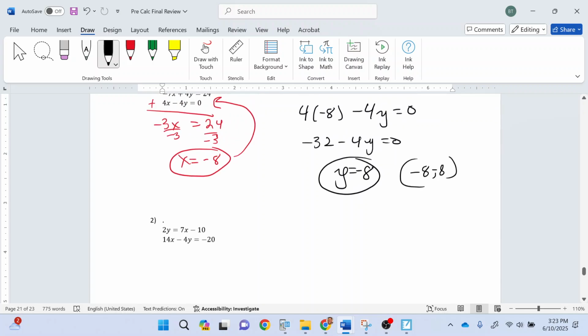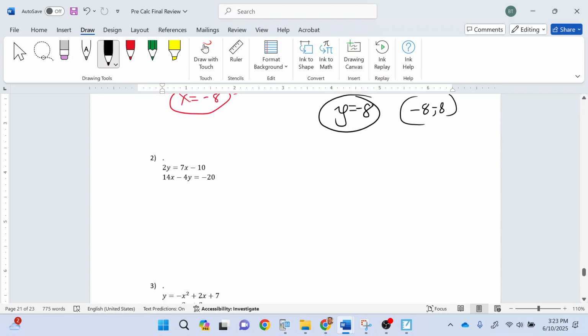Over here, that was elimination, what I just did. Here's substitution. In this case, right now, it doesn't look like I could eliminate it. I could rewrite it to make it an elimination, but in this case, what I'm going to do is take this one and divide everything by 2. That's going to become y equals 3.5x minus 5.